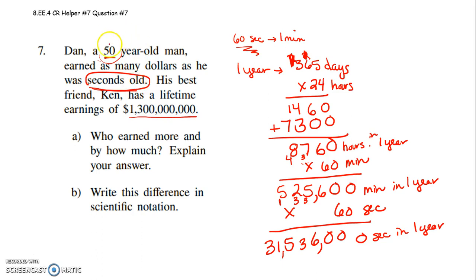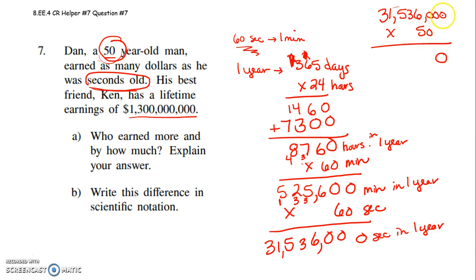All right. Now this man is 50 years old, so now I get to multiply that number by 50. So I got to take 31,536,000 and multiply that by 50. That'll tell me how many seconds in 50 years.